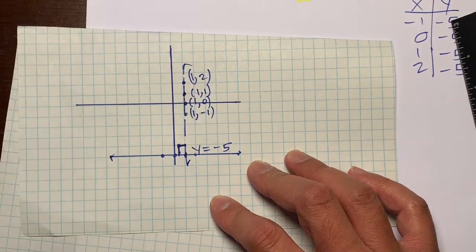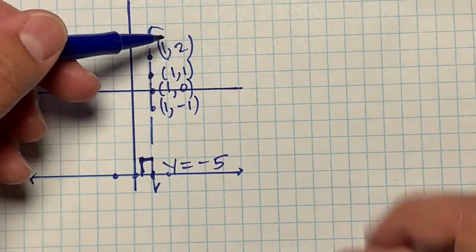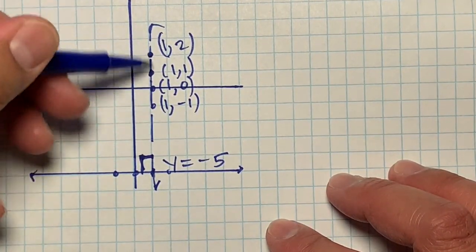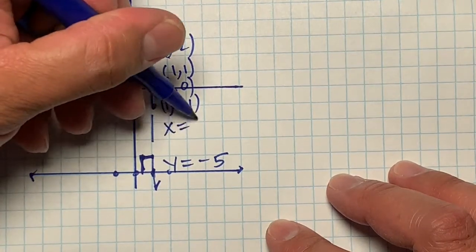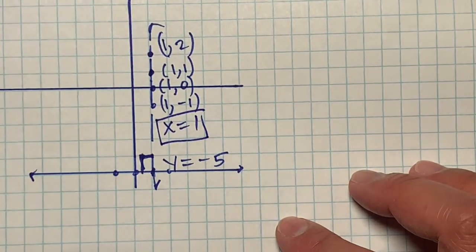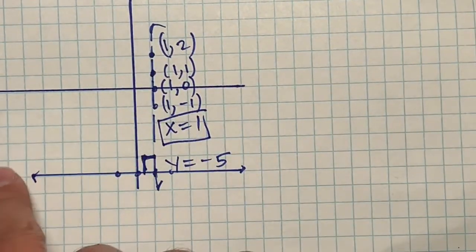Hey, what's the deal here? You guys see any pattern over here? Yeah, x is always 1. So the equation of this line is x equals 1, and there's our final answer. x equals 1 because this line is perpendicular to this line.